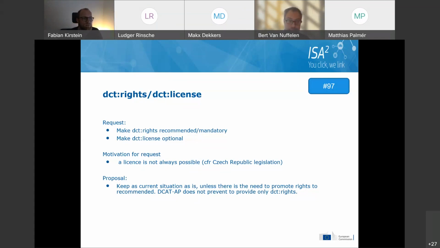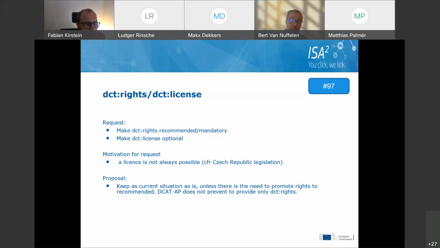That is the request. Now, since in most European member states the inverse is still holding, or people think that license is still a valuable case, and rights are less expressed, we think that our proposal is to keep the situation as is, and it will not contradict the Czech Republic.